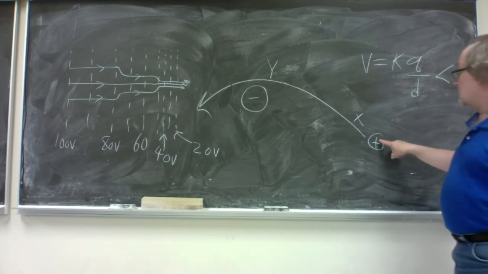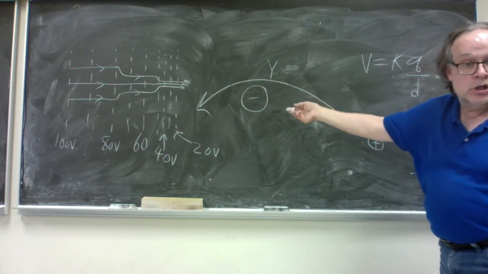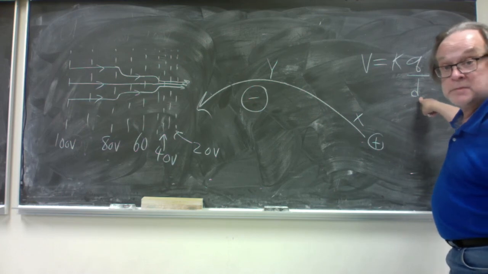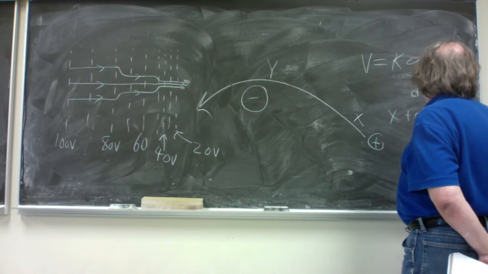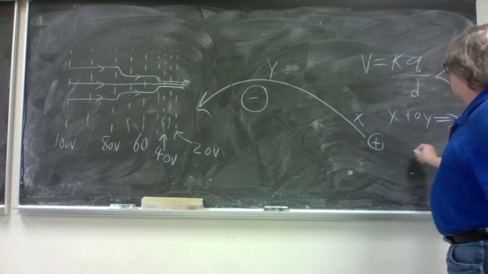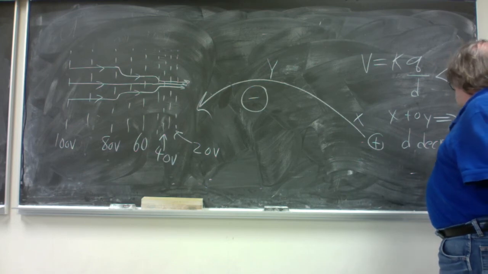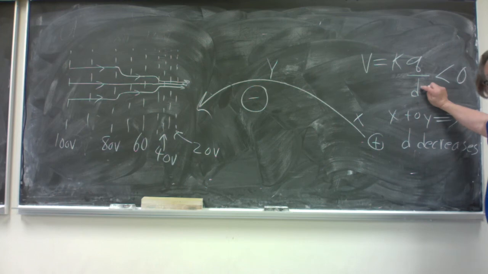As this particle moves from x to y, it gets closer to the negative charge, so this number decreases. So moving from x to y implies that d decreases. That is, the denominator here gets smaller and smaller.